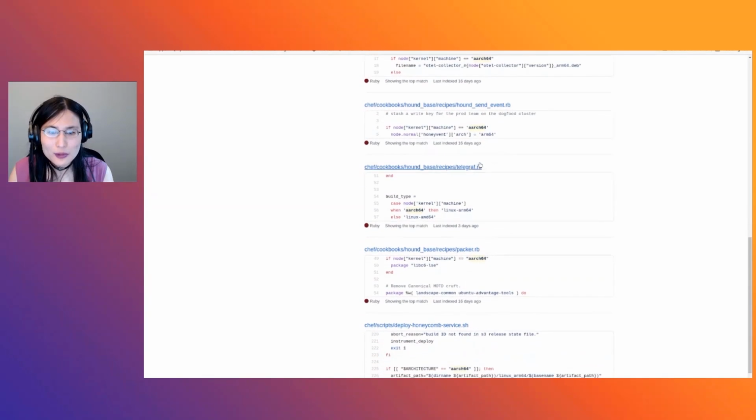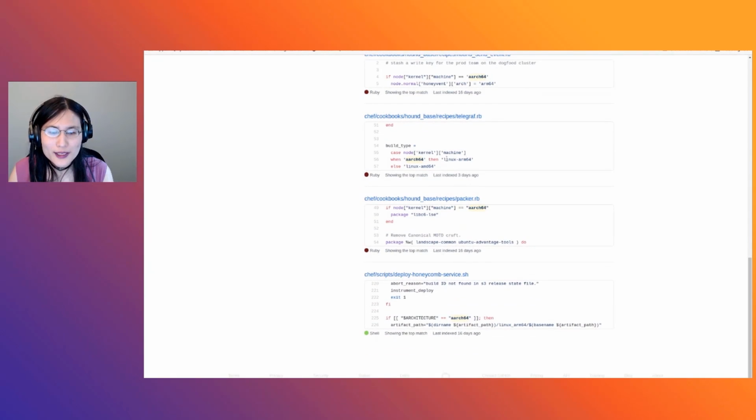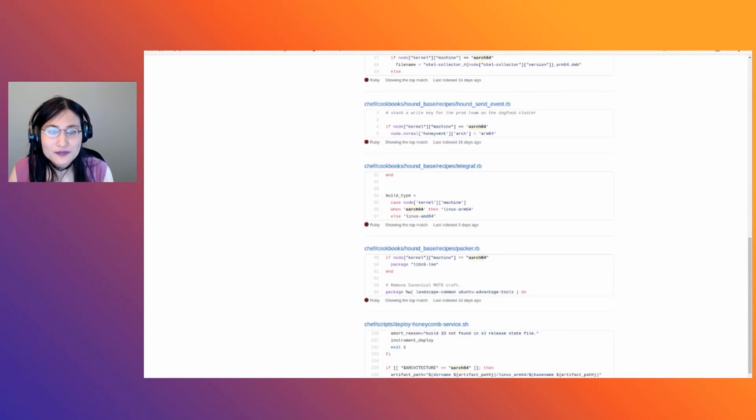Do we have the correct marker deployment libraries for indicating system events? And do we have the right Telegraf binary for writing metrics? Those are some of the key things that we needed to make sure that we had ported over.